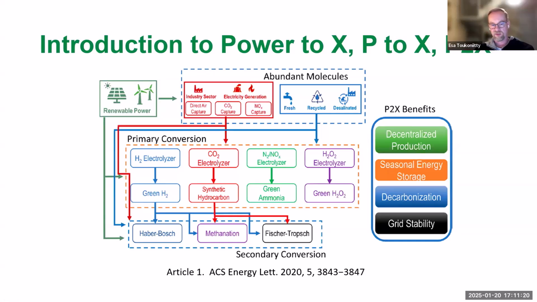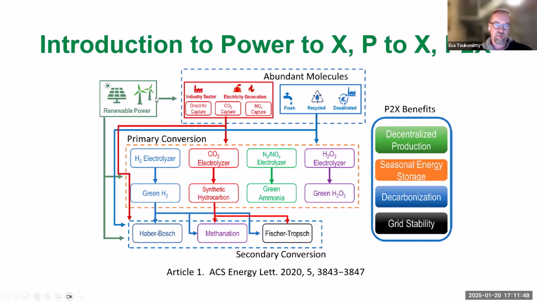I have organized the course so that the X is gas, liquid, or chemicals. So it can be also power to gas, power to liquid, power to chemicals. There are several other variations to this, but it all refers to these very similar processes and approach, which in this graph is illustrated.